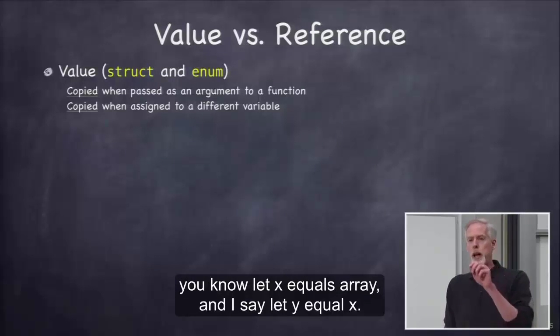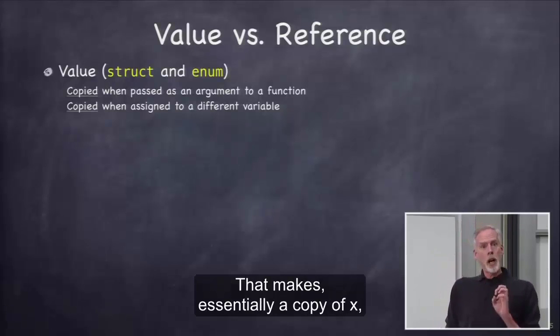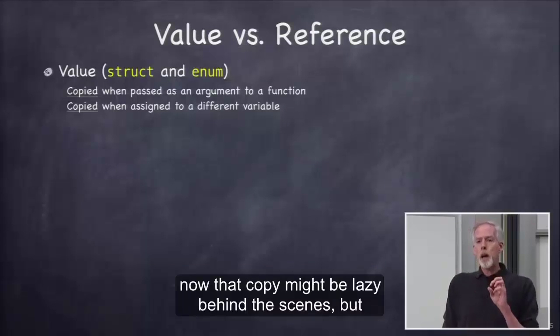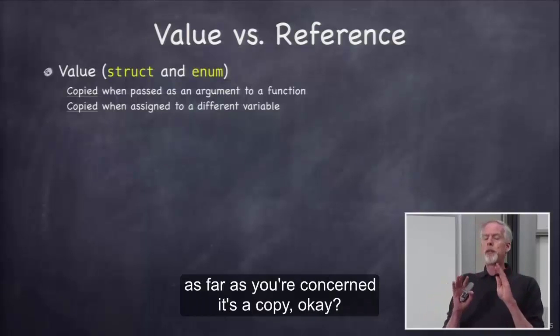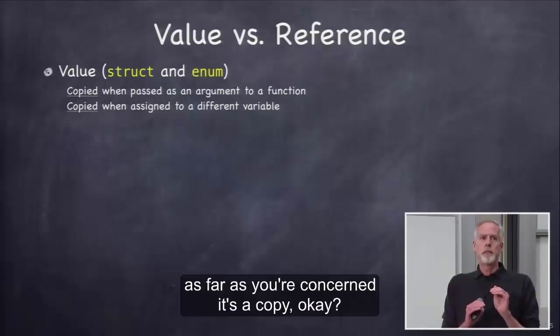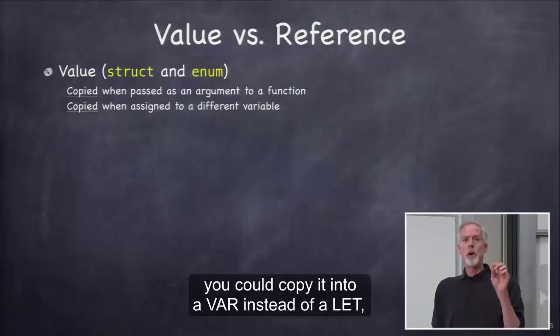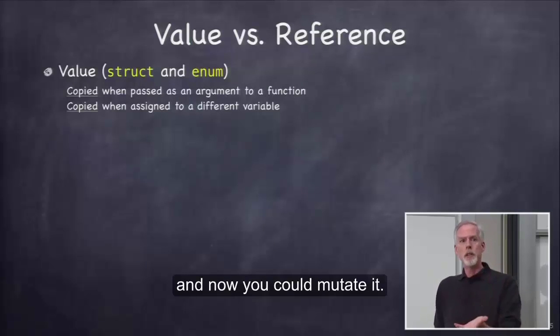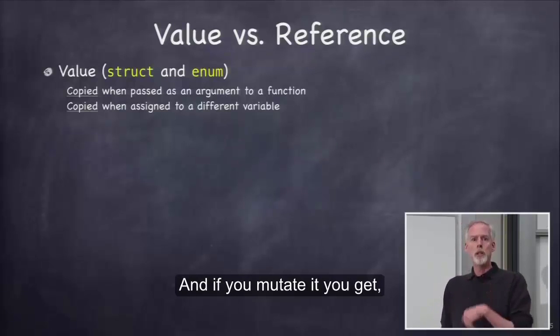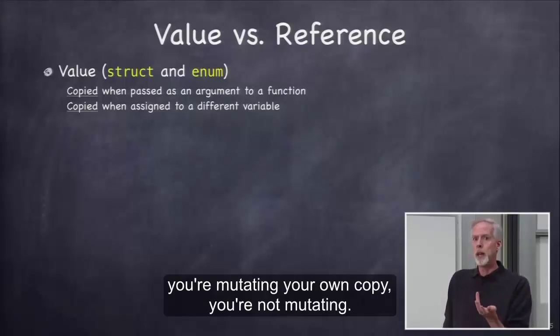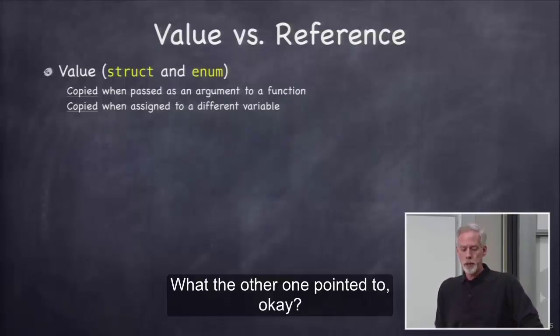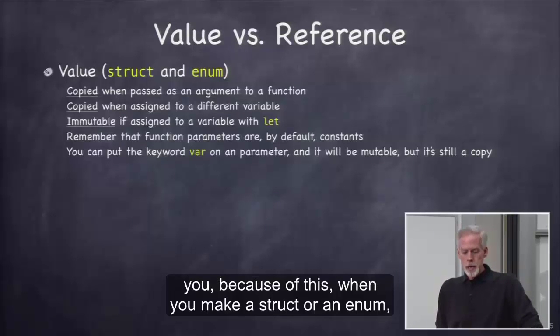If I have let x equals array, and I say let y equal x, that makes essentially a copy of x. Now, that copy might be lazy behind the scenes, but as far as you're concerned, it's a copy. Okay? And if you want it to be mutable, you could copy it into a var instead of a let, and now you could mutate it. And if you mutate it, you're mutating your own copy. You're not mutating what the other one pointed to. Okay?